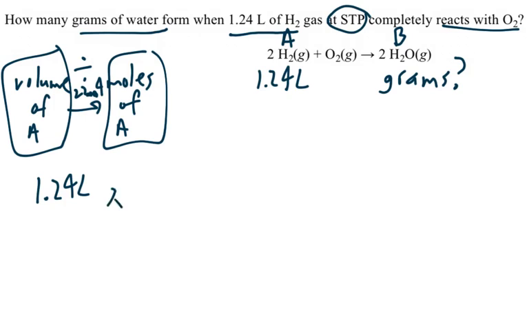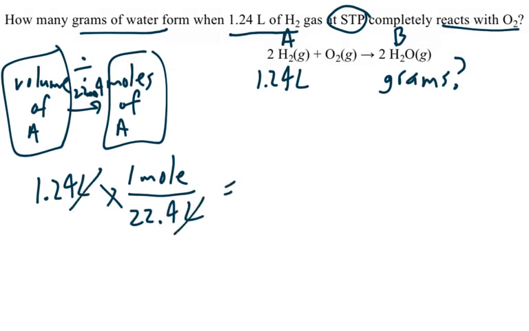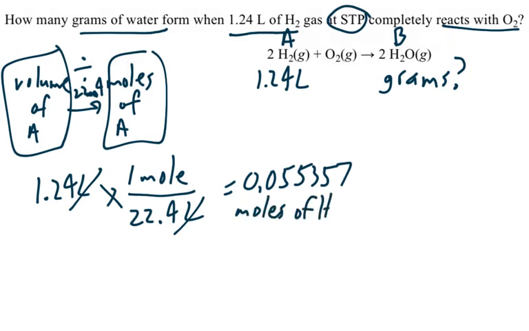You can use dimensional analysis and use a conversion factor. This will be one easy way to do it. For every 1 mole, there are 22.4 liters at STP. Using dimensional analysis will allow us to divide here. That's basically what I'm doing, dividing by 22.4, and you're going to get this number. There's more digits, but we only need 3 significant digits at the end, so that's good enough. This is moles of the given.